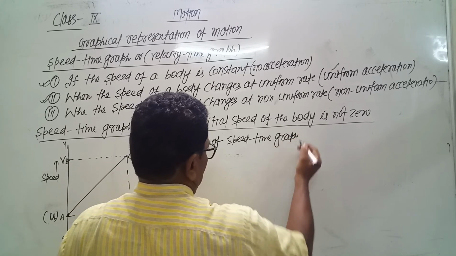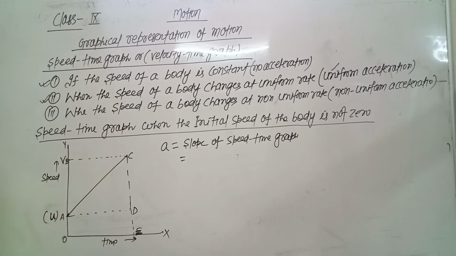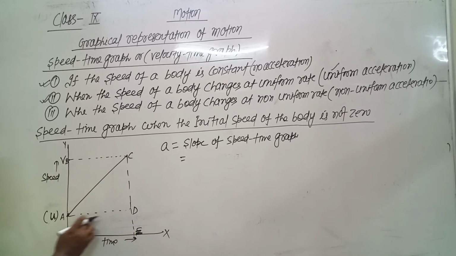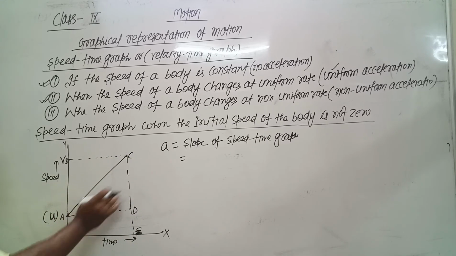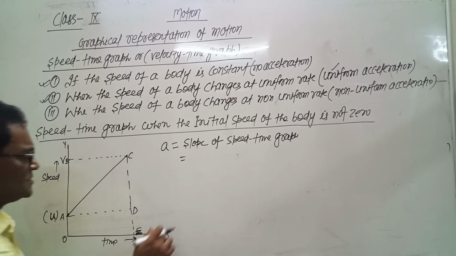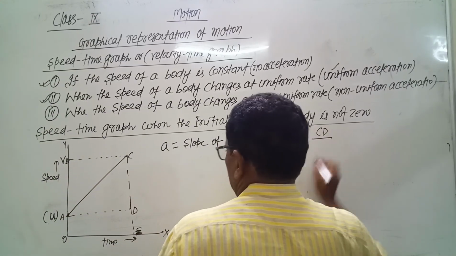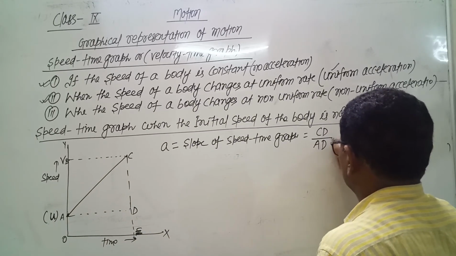And slope equals speed upon time, perpendicular upon base. So here perpendicular is CD and base is AD. CD by AD.